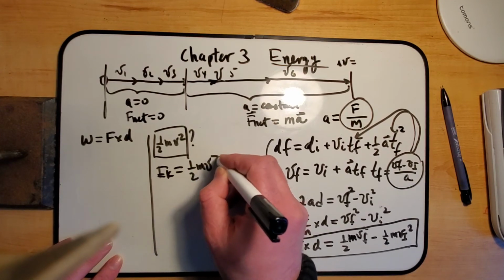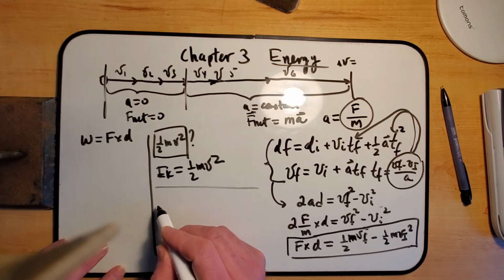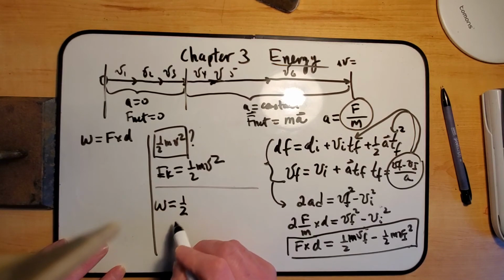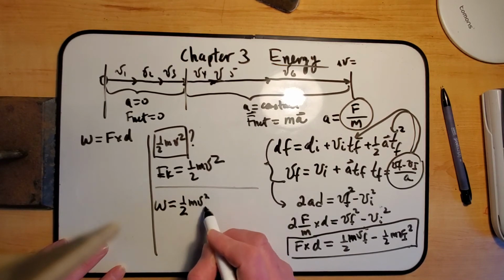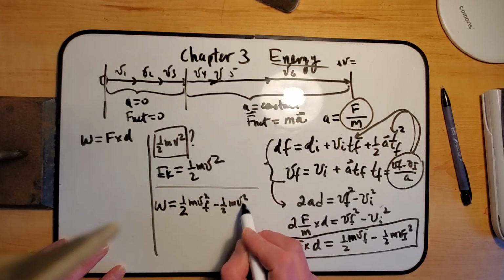1/2 mv squared. Now, if you take a look at this equation here, we substitute F times d as W, and this W will be nothing else but 1/2 mv squared final minus 1/2 mv squared initial.